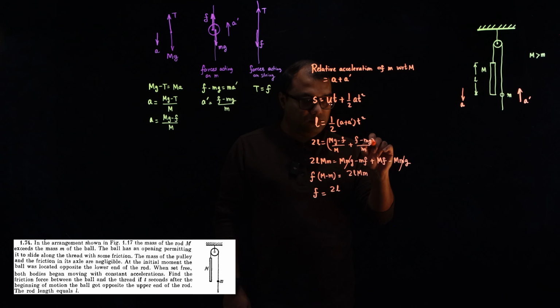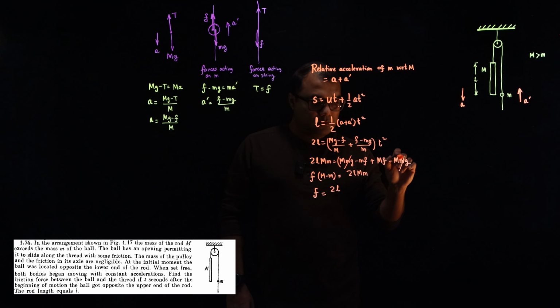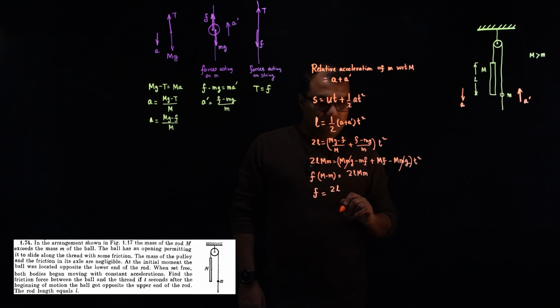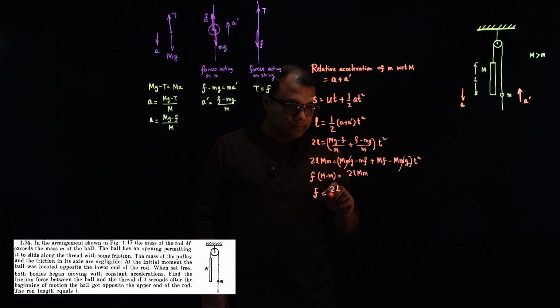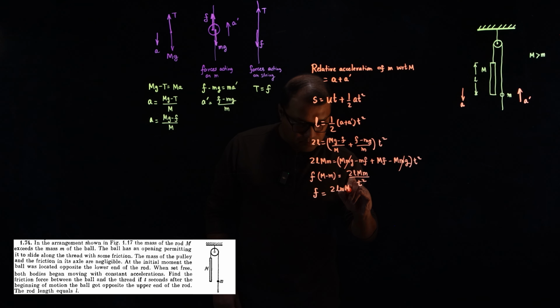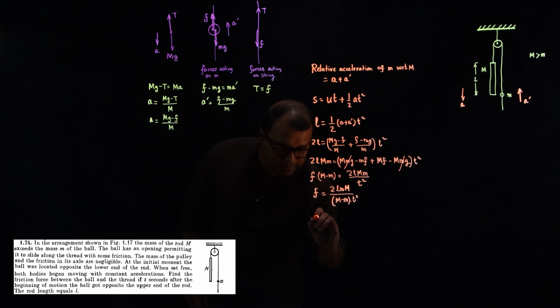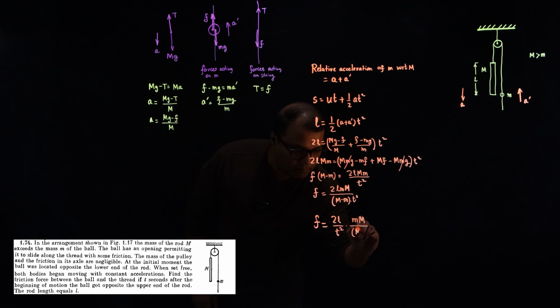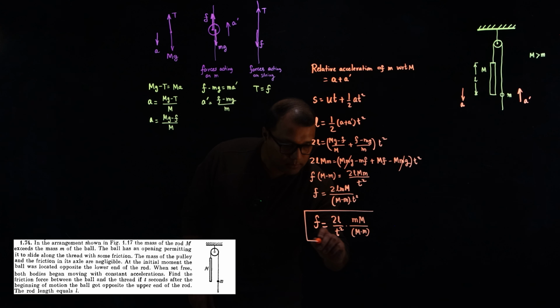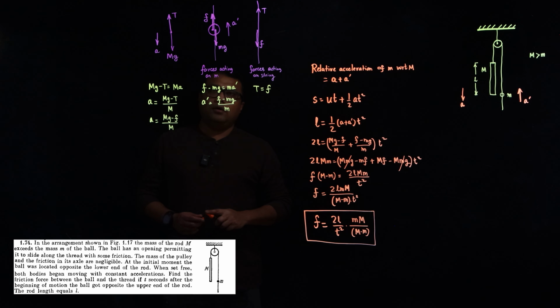Oh, wait a minute. Where did the t square go? So F times M minus m equals 2L Mm by t square. Or we can write this neatly as F equals 2L by t square, Mm by M minus m. So that is our force of friction acting on small m.